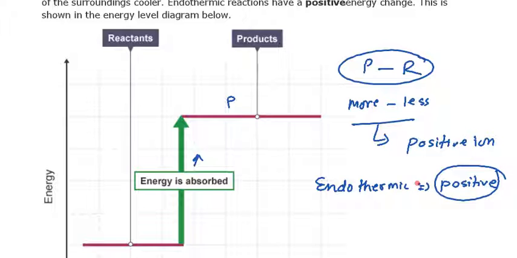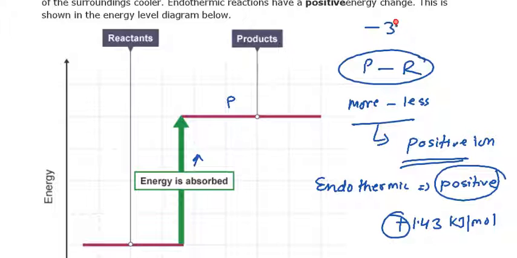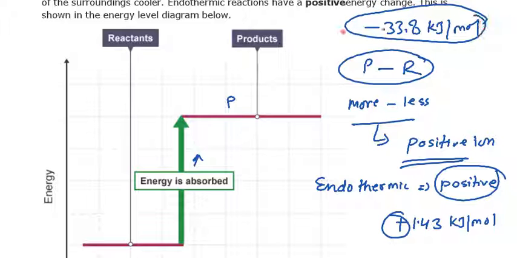If a reaction's energy change is shown with a positive sign, like 1.34 kilojoule per mole, you can easily find out this reaction is endothermic. If I mention minus 33.8 kilojoule per mole, this sign shows the reaction should be exothermic.